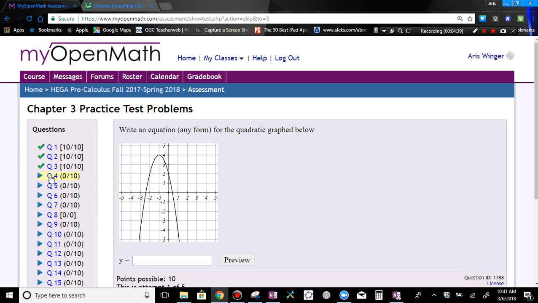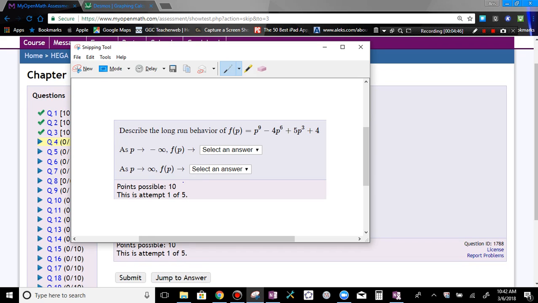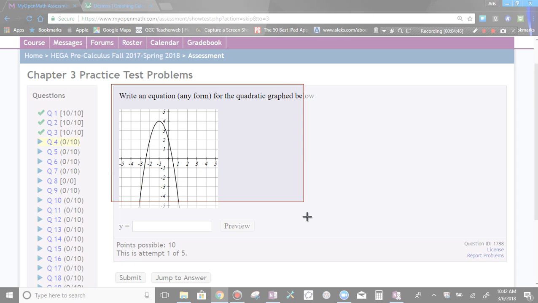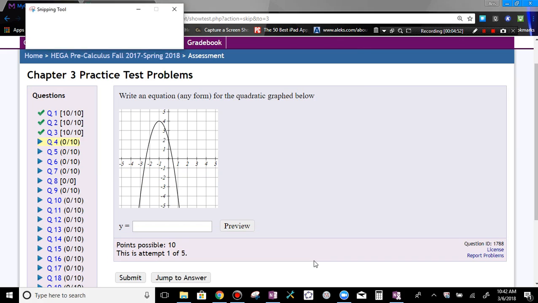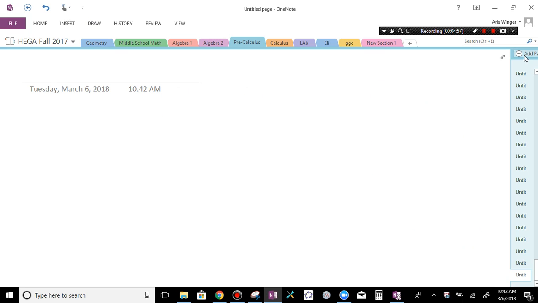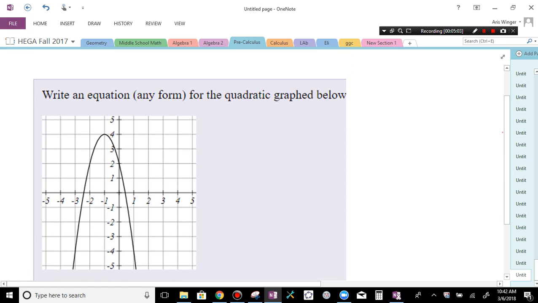Write an equation, in any form, for that quadratic. The way that we did this one, we know it has to fit a certain form. Every quadratic takes the form y equals a times x minus h squared plus k, right?